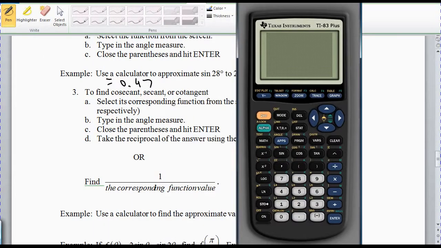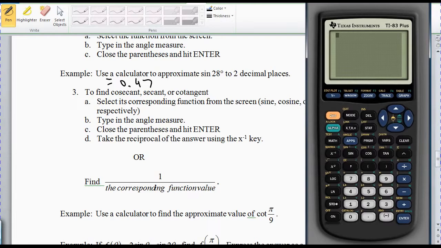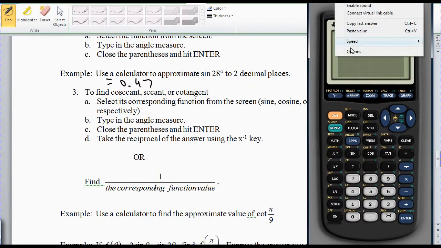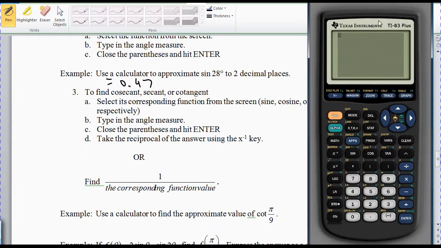We'll move it over here. And we don't see a secant or a cosecant or a cotangent because we don't have one. So we have to remember what we know. We know that cotangent is the same as 1 over tangent.